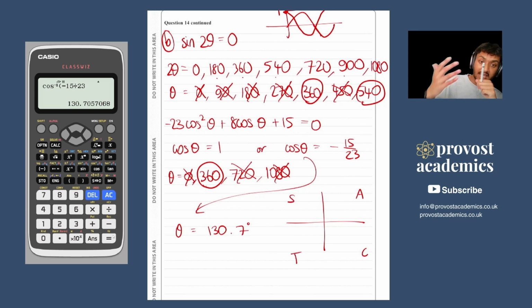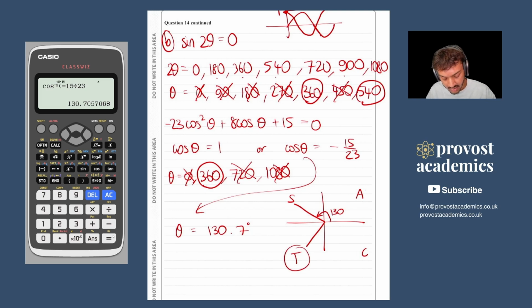You can equally just use a graphical method. So that's somewhere around here, 130. And the next solution, because the way the CAST diagram works, we have a negative, or an obtuse answer. Therefore, we're also looking for other quadrants where cos is negative. In this case, it has to be 10 because here everything is positive and here cos is positive.